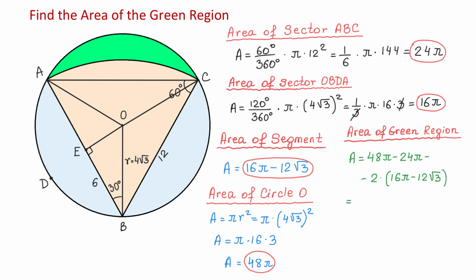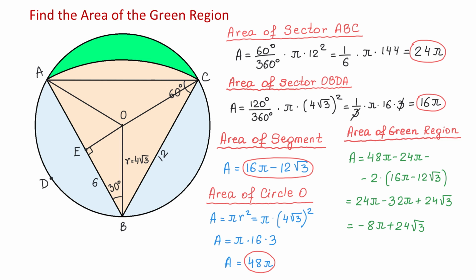Now 48 minus 24 is 24 pi minus, and now we will distribute 2. 2 times 16 pi is minus 32 pi, and negative 2 times negative 12 square root of 3 will be plus 24 square root of 3. Here we can also combine 24 minus 32, which is negative 8 pi, plus 24 square root of 3.